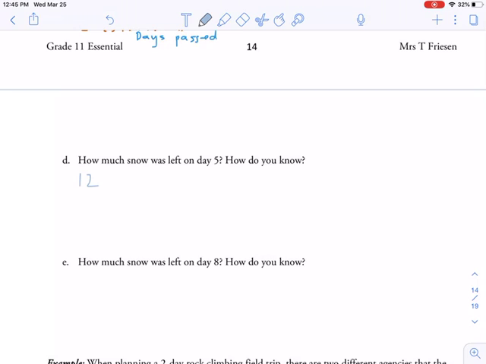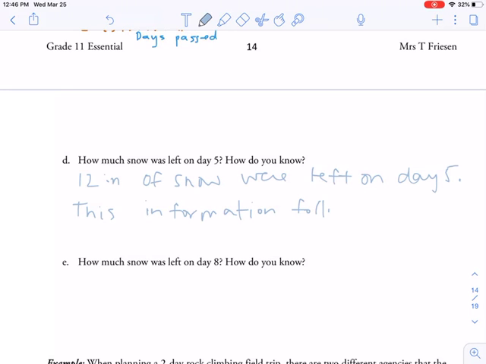So 12 inches of snow were left on day 5. And then you can say that this information follows the pattern.